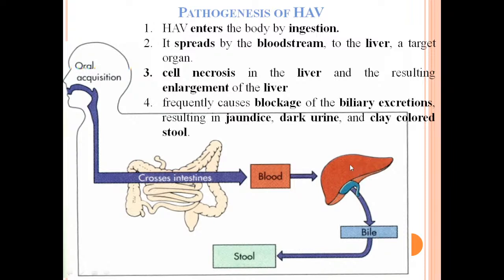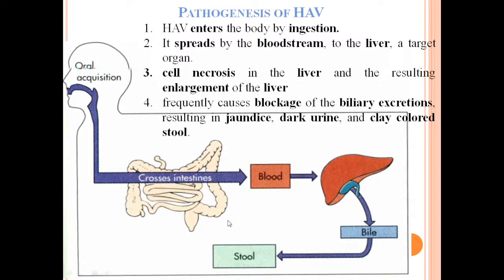In the liver, hepatitis A virus causes cell necrosis, and it results in enlargement of the liver, hepatomegaly. This virus frequently causes blockage of the biliary excretions when bile is not released, resulting in jaundice, dark urine, and clay-colored stool. These are visible clinical symptoms of hepatitis A if it is the symptomatic or icteric form.